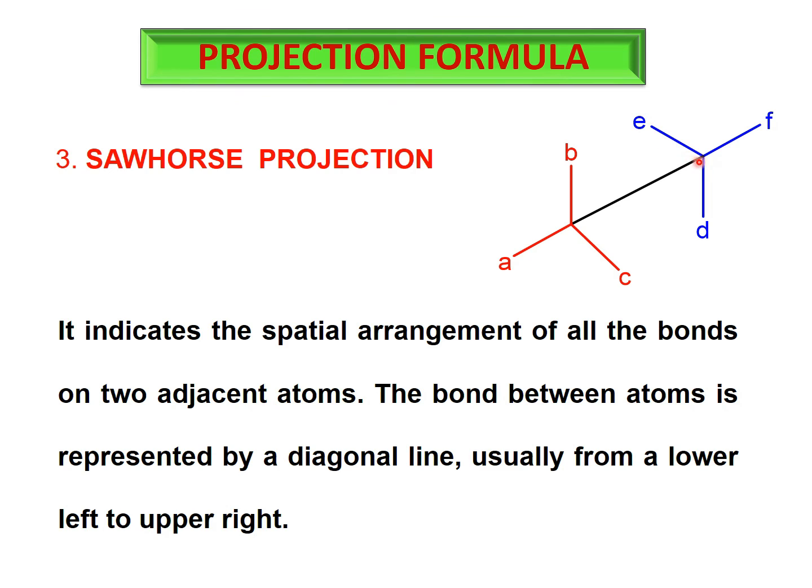So these are the three important projection formulas through which you can represent or draw a three-dimensional molecule on a two-dimensional screen or a piece of paper. And from that, you can determine the correct stereochemistry or stereochemical identity of a molecule.